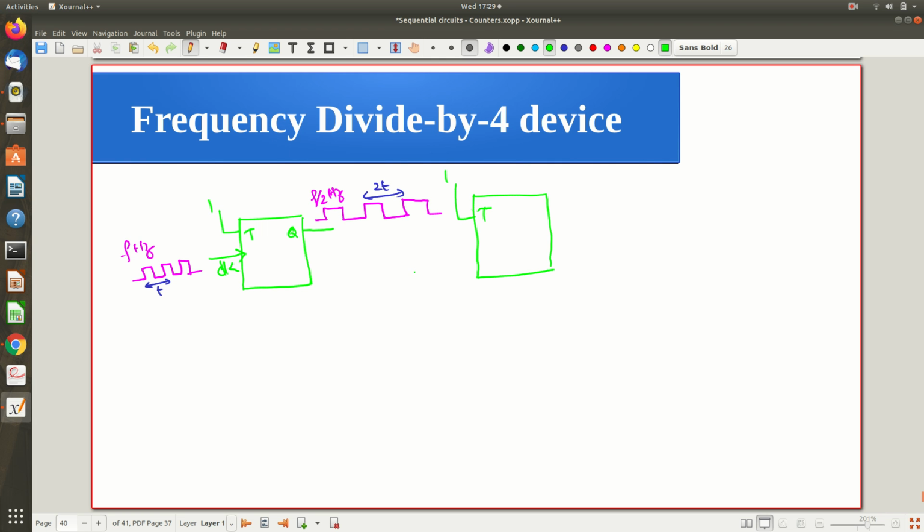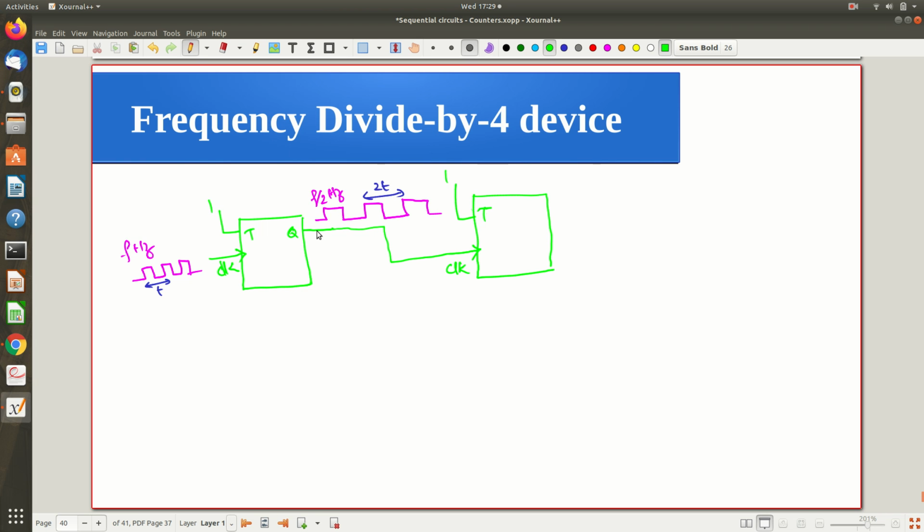Now what about its clock? Instead of applying the clock simultaneously, which would not be asynchronous counting, what we are discussing is an asynchronous device. As I already told you, for an asynchronous counter, the output of the first flip flop is connected as the input clock to the second, and there is no common clock to all. This is the kind of configuration I am having. Let's see what will happen if I connect it like that.